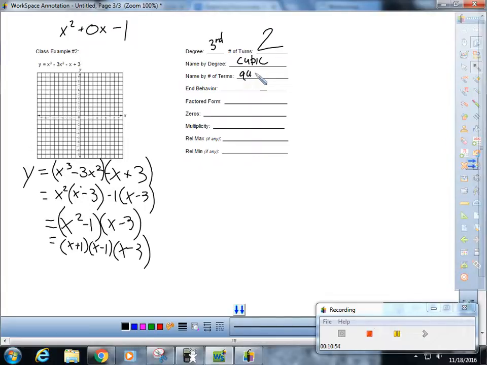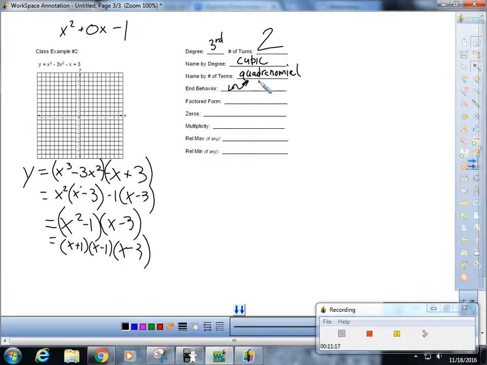This is a quadranomial. I have no idea if I spelled that right. I think it's probably maybe quadro. I don't know. Quadri, maybe quadri with an I. Anyone? Okay.